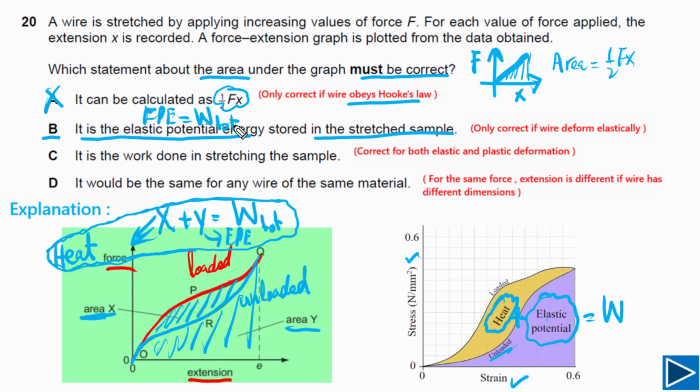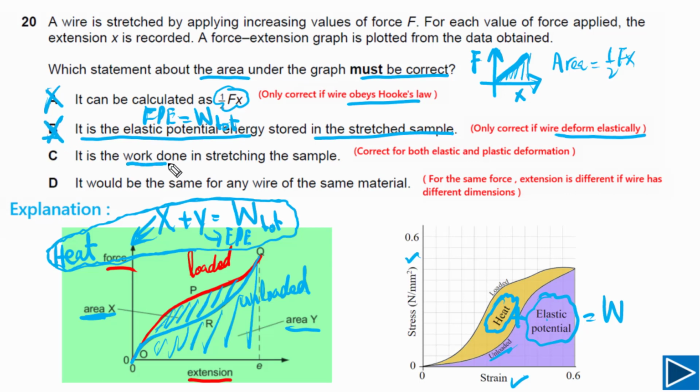When you release the wire, meaning when you remove the force, all the energy is recovered, and that is only possible if the wire deforms elastically. If the wire is deformed plastically, that is not possible. So B is also not the best possible option.